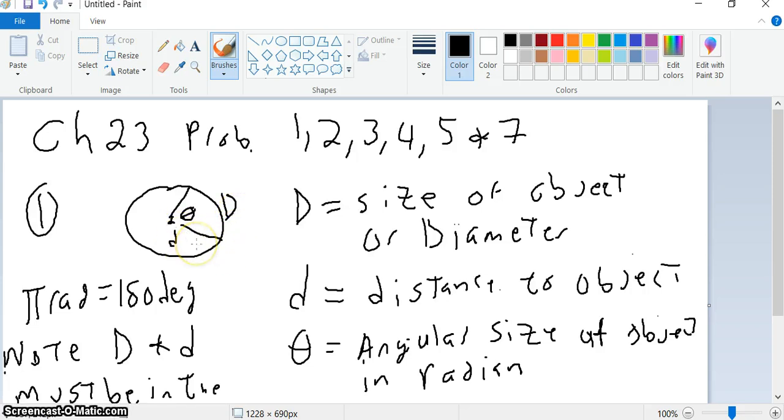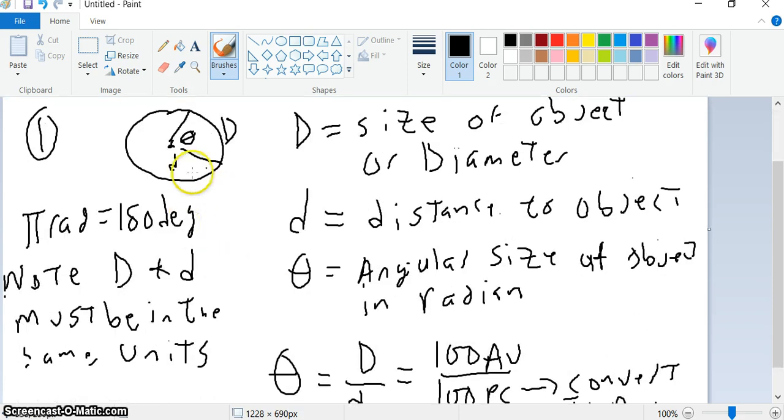Little d would be the distance to that object, and theta is the angular size, which has to be in radian. So capital D is the size of the object, or its diameter, little d is the distance, and theta is the angle in units of radian.